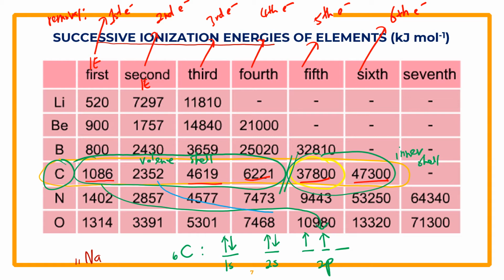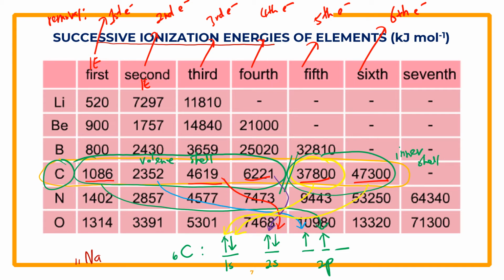Second IE merujuk kepada removing the second electron. And then third IE is removing of this third electron. And the fourth IE merujuk kepada removing of this fourth electron. Okay, sementara yang fifth IE dan juga 6IE itu merujuk kepada removing of this 5th electron dan juga this 6th electron.